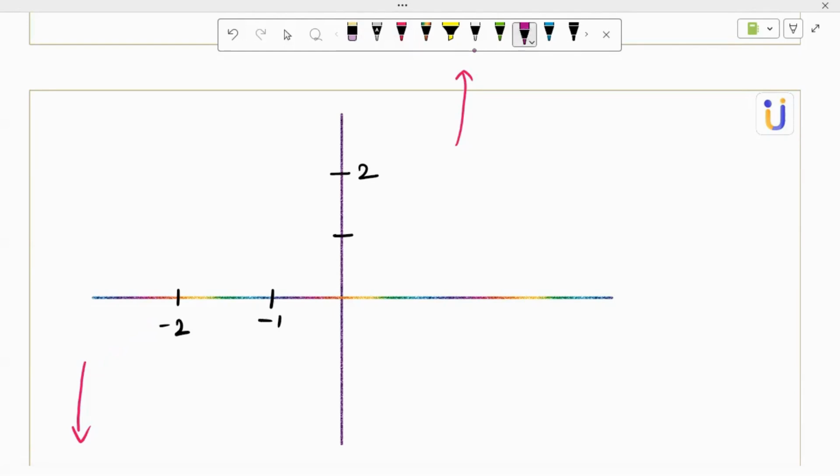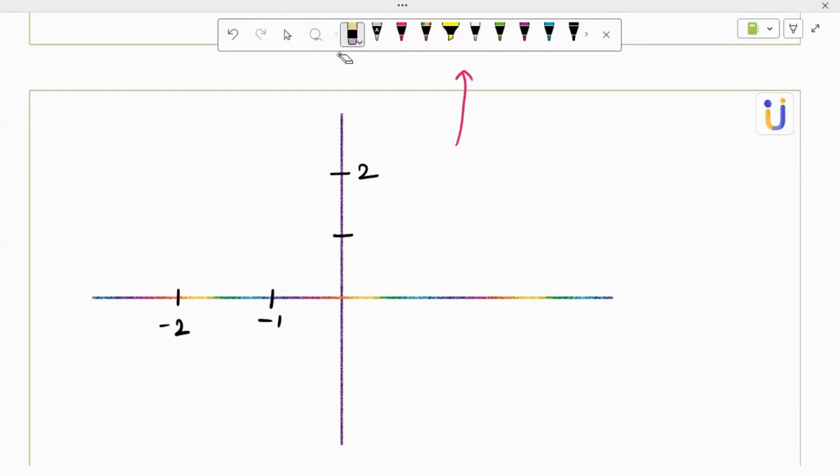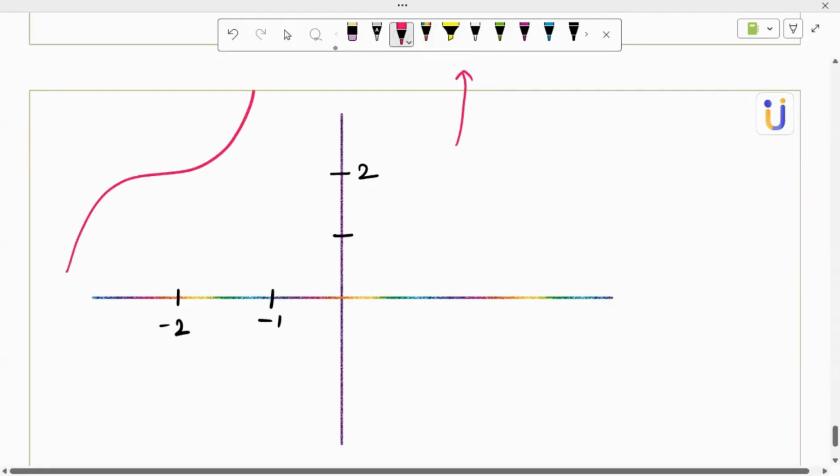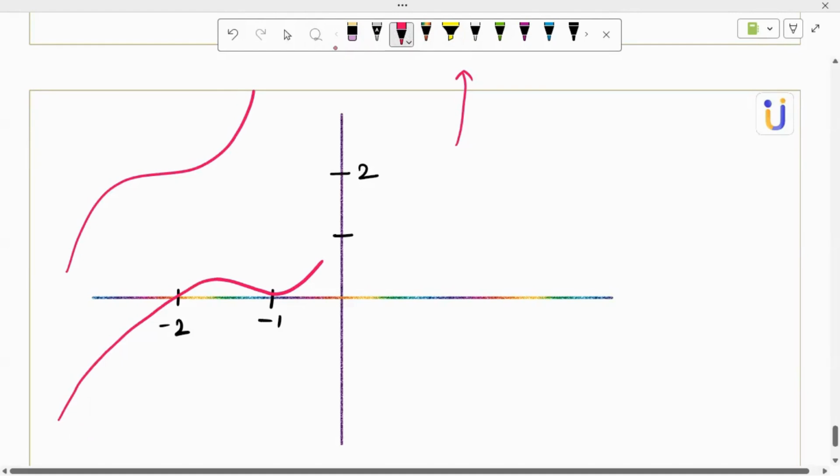So the graph will increase and it will cross the y-axis at 2. A smooth curve. And then it should go down. It will act as a tangent. And I need this particular structure. So let me go like this. At -1, it's a tangent because the exponent of the factor is 2. So there will be no crossing here, it will just touch and move ahead.